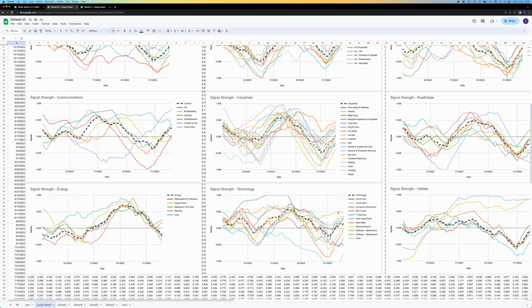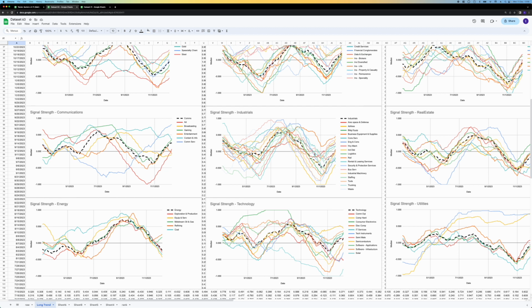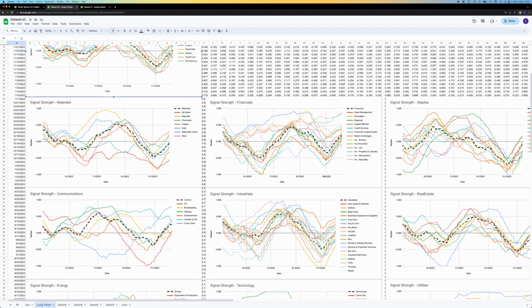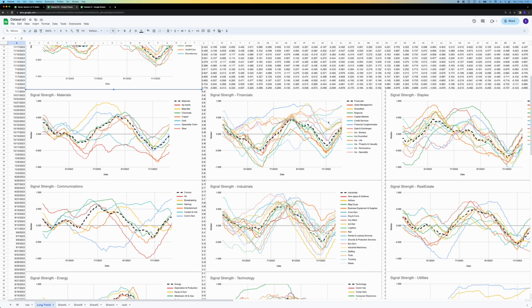One of the hardware names, I'm trying to think off the top of my head which one it was. Industrials were all weak, they'd rolled over. Financials, there was lots of insurance in here, things like AIZ and different insurance brokers, and property and reinsurance are up in here.